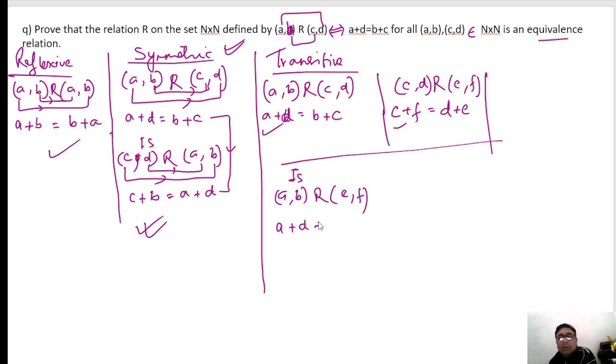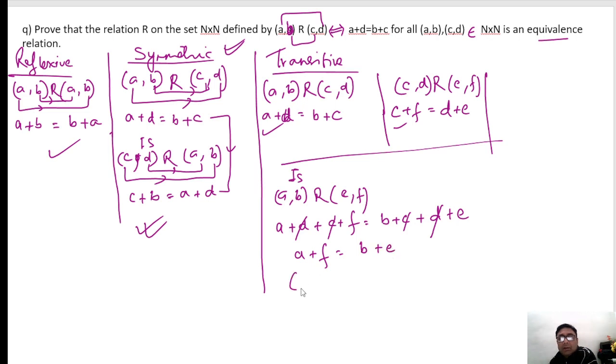A plus D plus C plus F should be B plus C plus D plus E. So what is cutting out? D and D is cutting out. C and C is cutting out. What is left? A plus F is equal to B plus E.